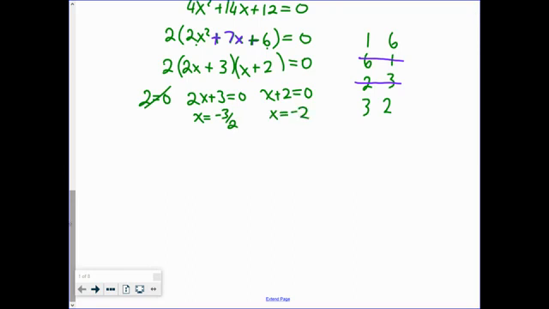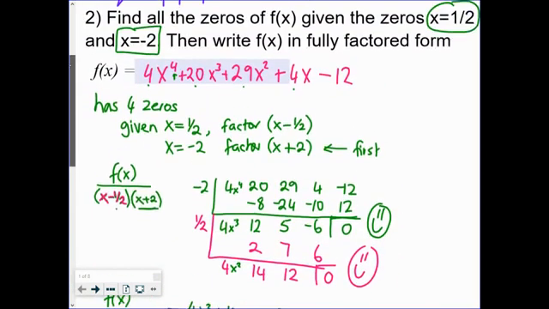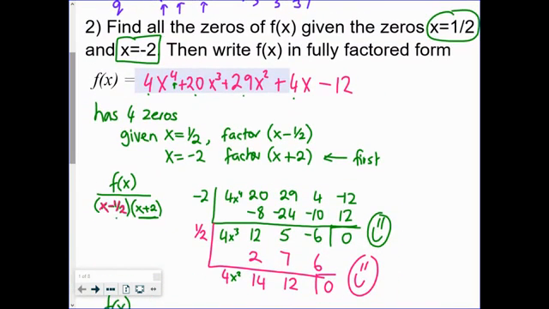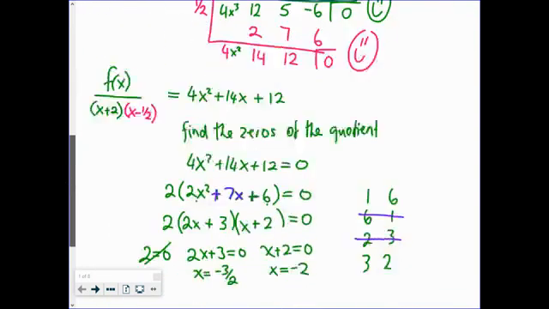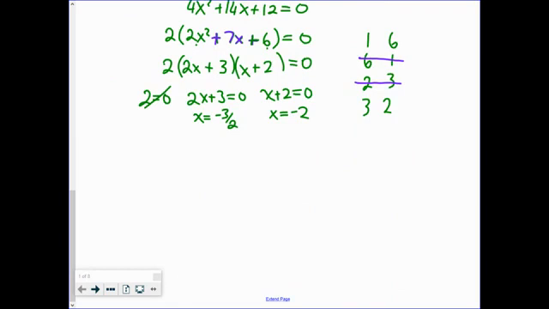If you look back at the problem, it said find all the zeros of f of x, given the zeros x equals a half and x equals negative 2, then write in fully factored form. So let's first of all write out all our zeros. There's a degree 4. So the 4 zeros of f of x are x equals the 2 they gave us, 1/2, x equals negative 2, and the 2 we found.